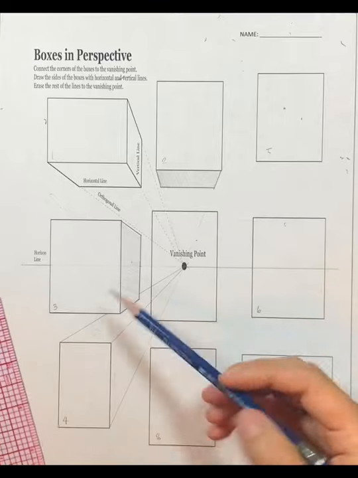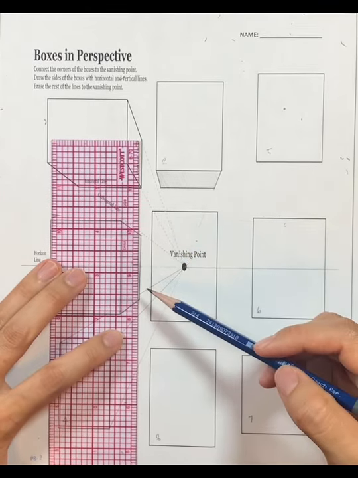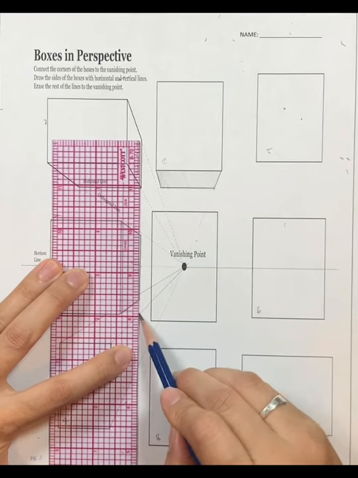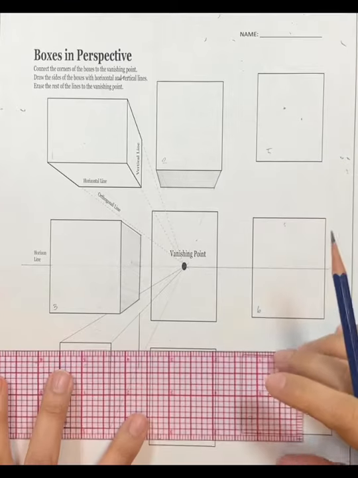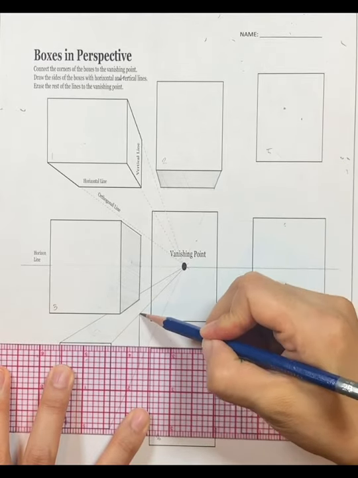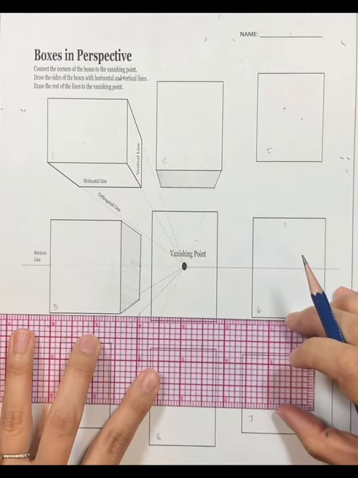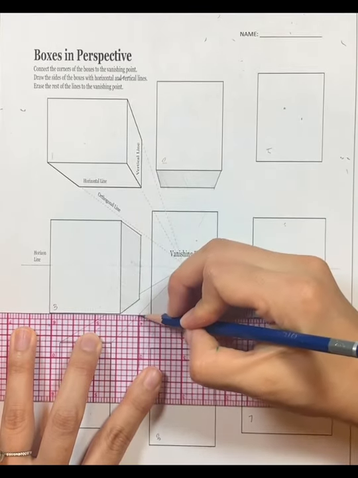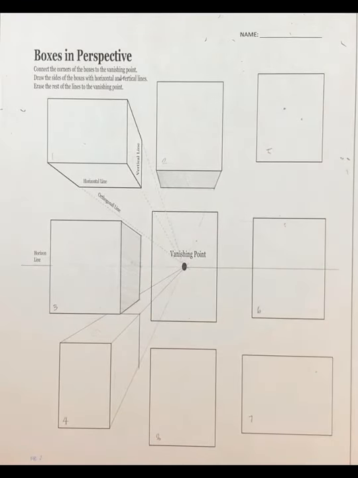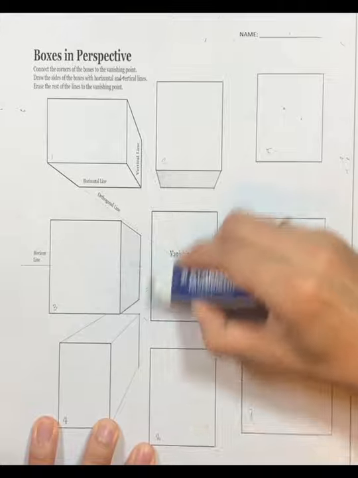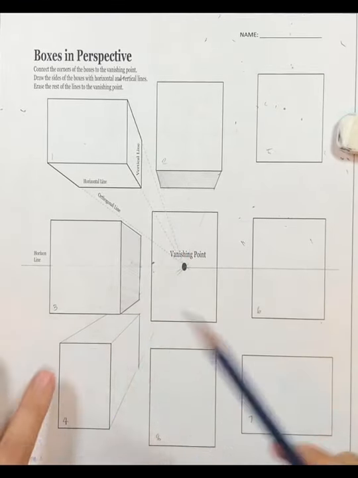I'm going to make parallel vertical lines. I'm going to line it up with this one. And I'm going to draw this horizontal line parallel, but I'm going to meet it at this corner because this is an L shape. I'm going to make that L shape right there. So we are done with that. I'm going to erase the orthogonal lines and shade.